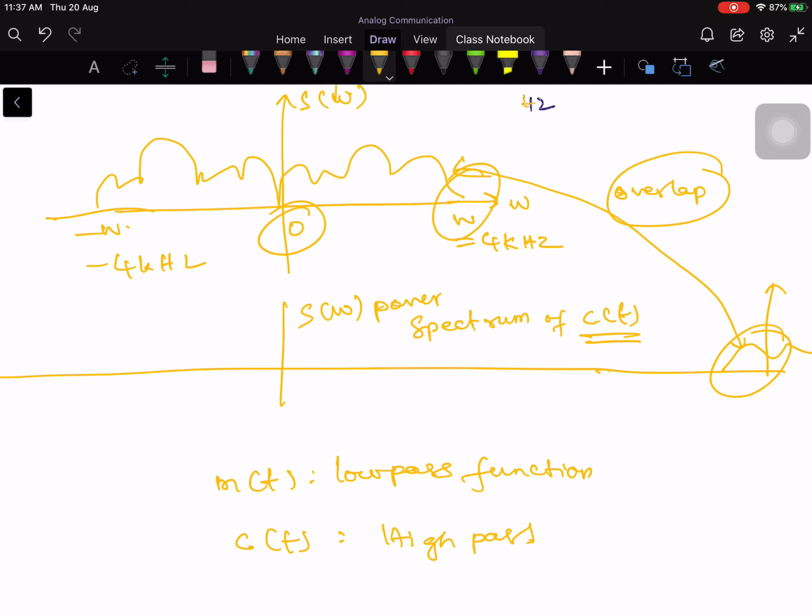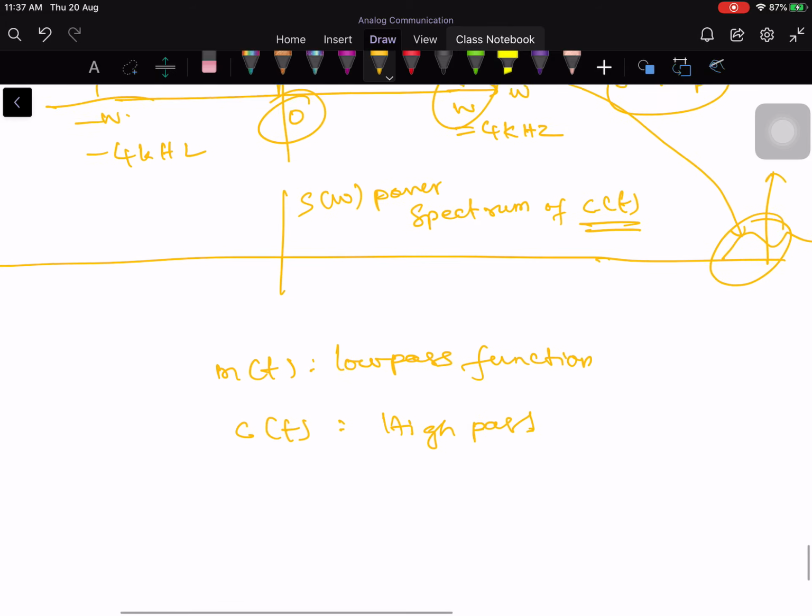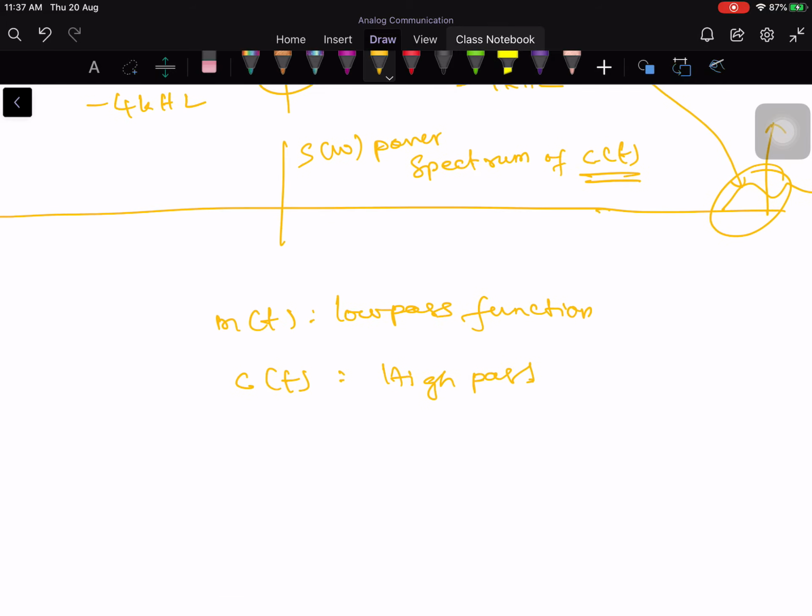And high pass means it could be the other way around, it occupies the higher portion of the spectrum. Then consider the Hilbert transform of the product of these two functions, m of t times c of t. It is going to be m of t and the Hilbert transform of c of t.